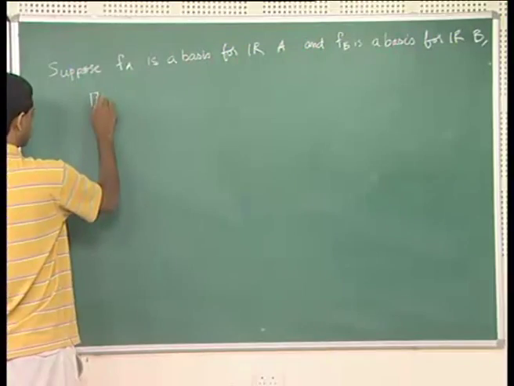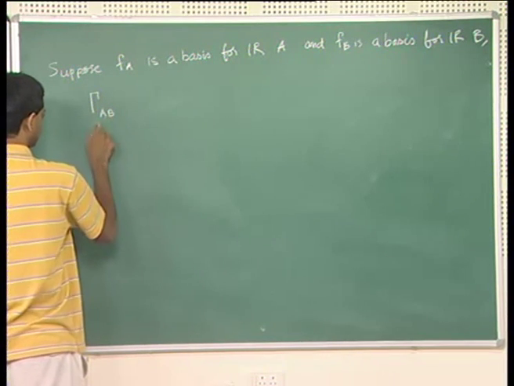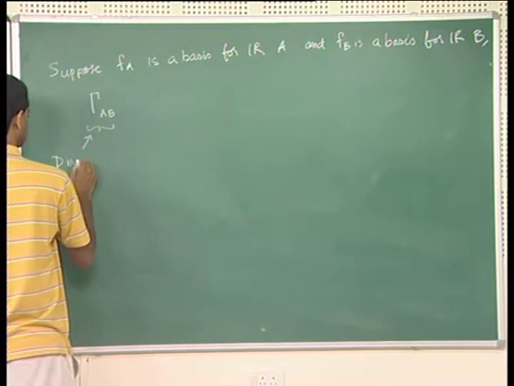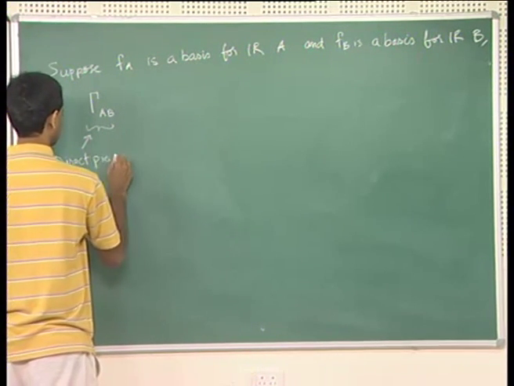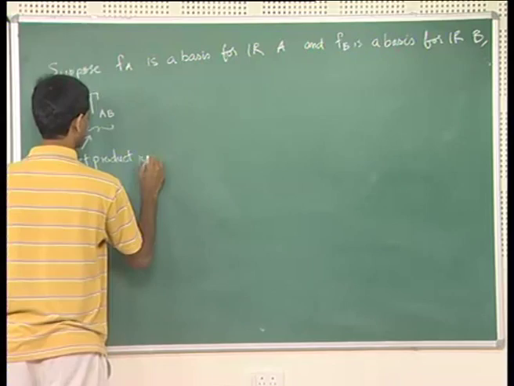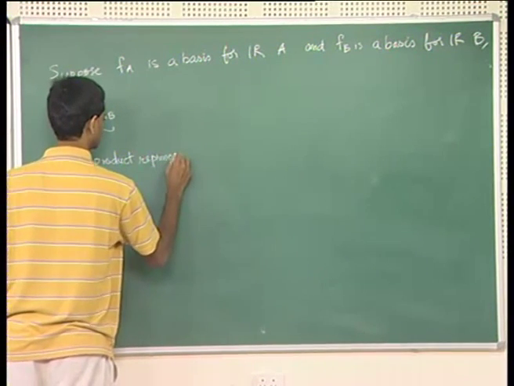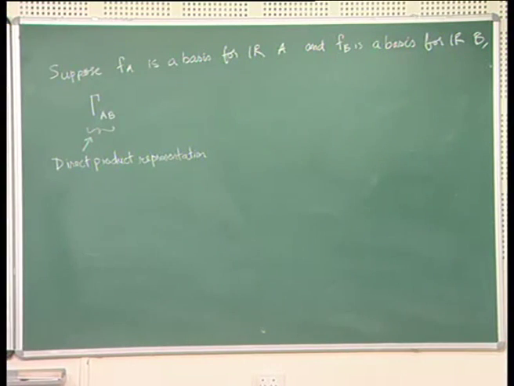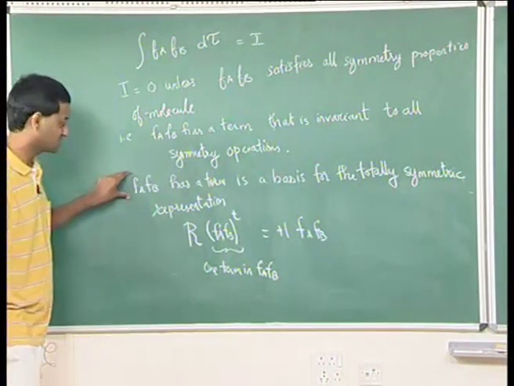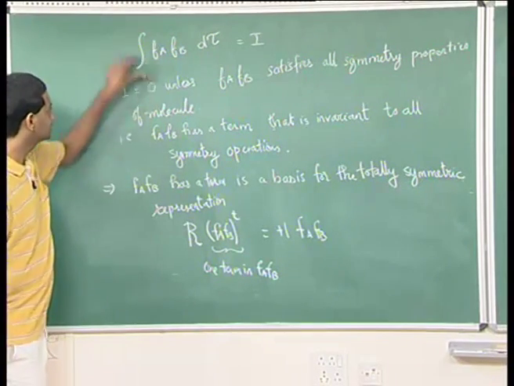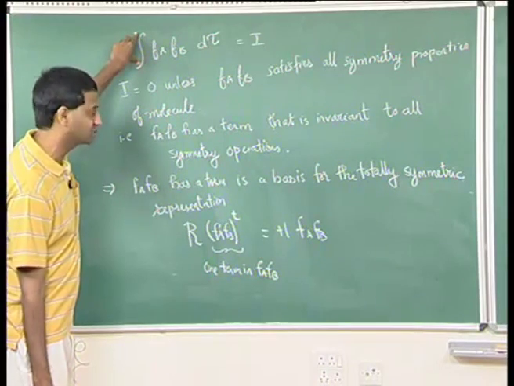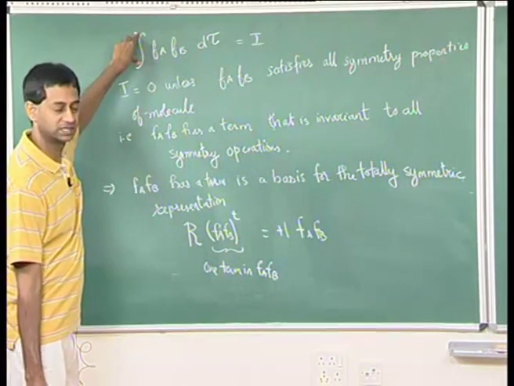This is the direct product representation. Now, unless this is a basis for the totally symmetric representation, this integral is 0. What we want to find out is when this will be a basis for the totally symmetric representation.